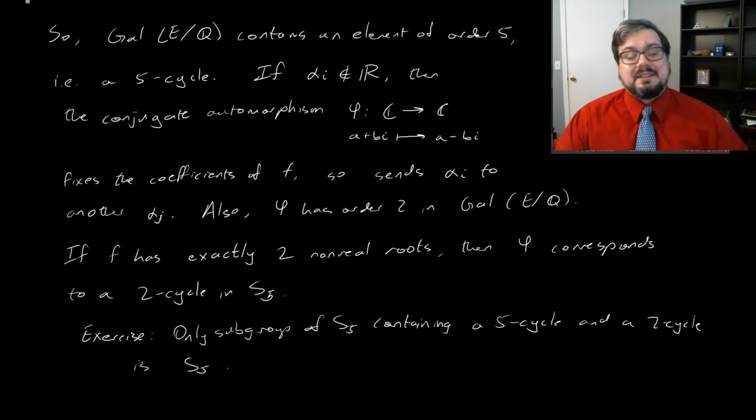So that tells us that if we're in this situation, where we've got an irreducible polynomial of degree 5 with exactly 2 non-real roots, then its Galois group is isomorphic to S5.